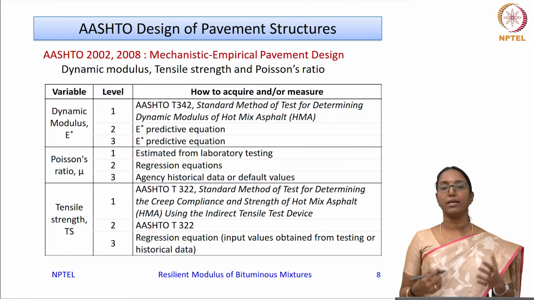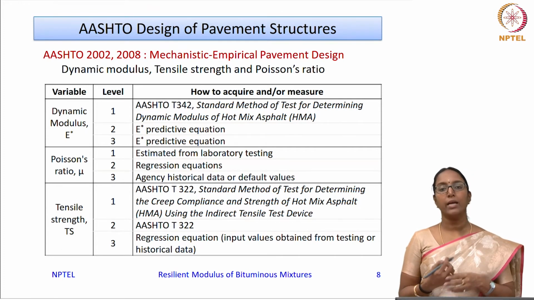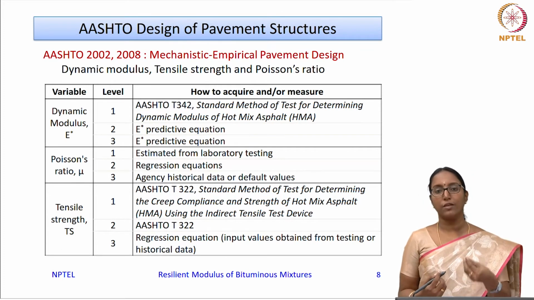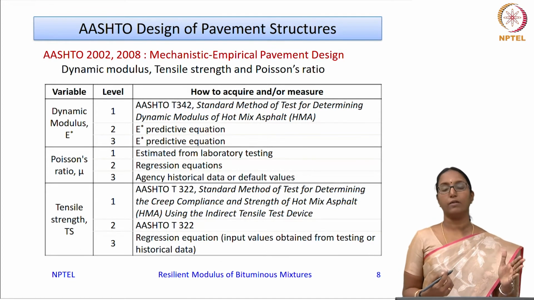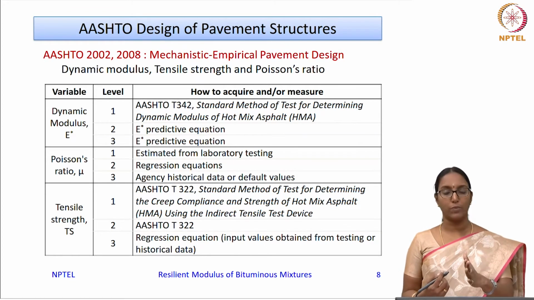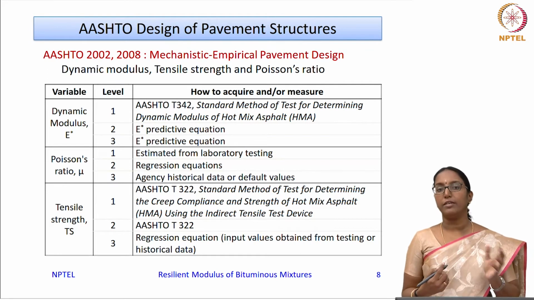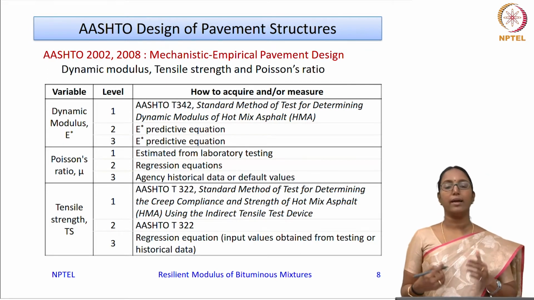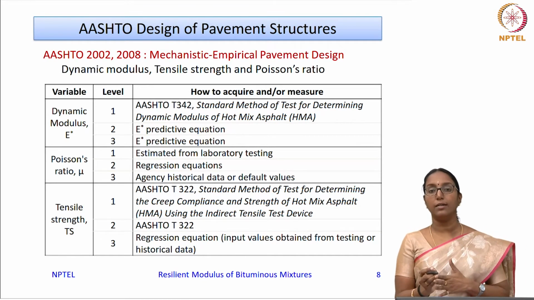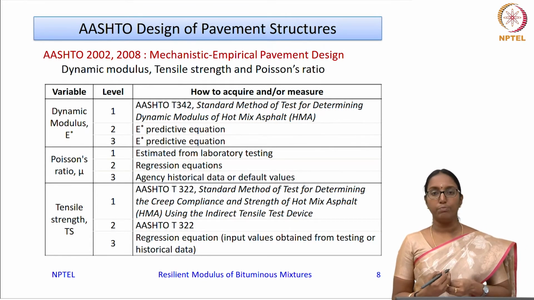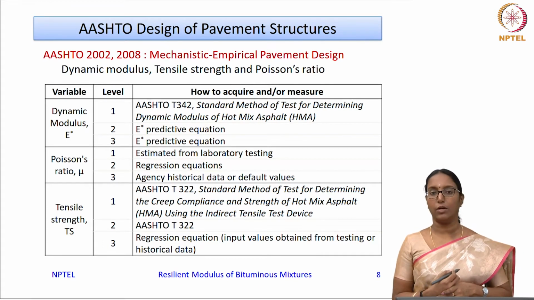Understanding that this is a viscoelastic material, you should capture the characteristics of the material with respect to time as well as temperature. Modulus values will be captured at different frequencies and temperatures, and then shifted to a master curve, and that will go as an input in the design methodology.